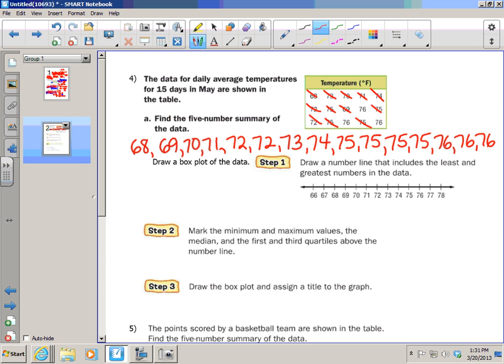So, I need my minimum, which is going to be 68, to mark it on the number line, and my maximum, which is 76, and mark that on the number line. Then I need to find my median, my middle number, so I'm going to work my way from the outside in.